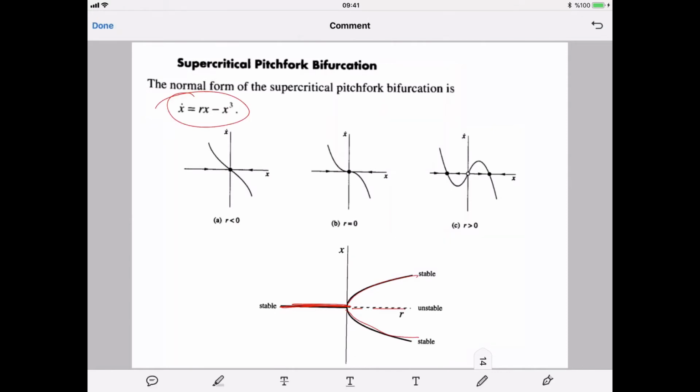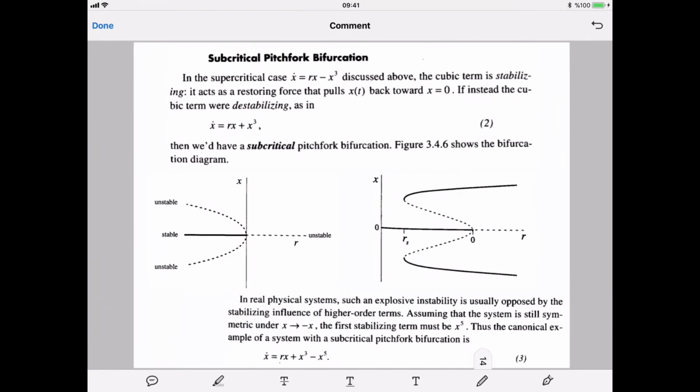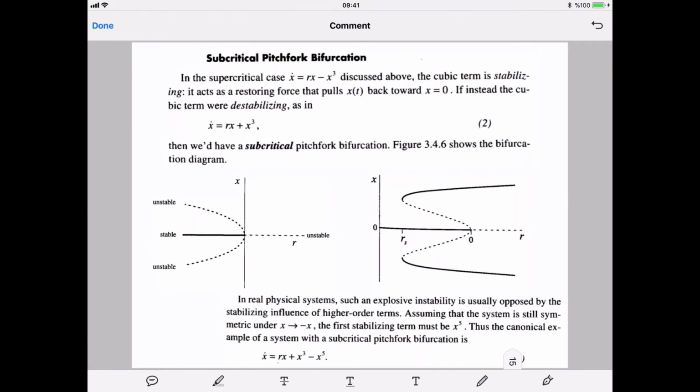All these are different animals in the zoo of bifurcation. For example, this is subcritical pitchfork bifurcation, and you can even make it more interesting by adding x to the 5. But you get what the bifurcation means, right?